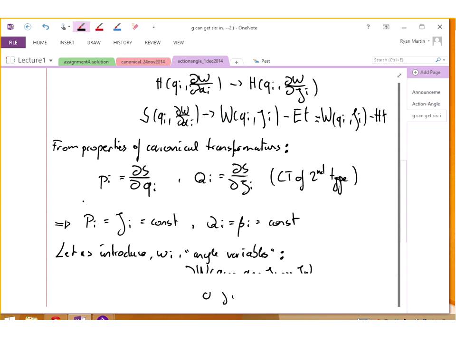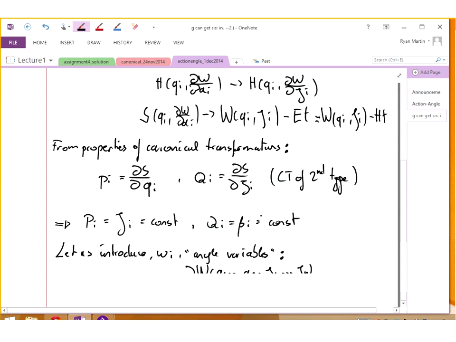So now, consider the constants beta I. So the constants beta I, which are the capital QI, right? They're given by di S by di capital Ji.